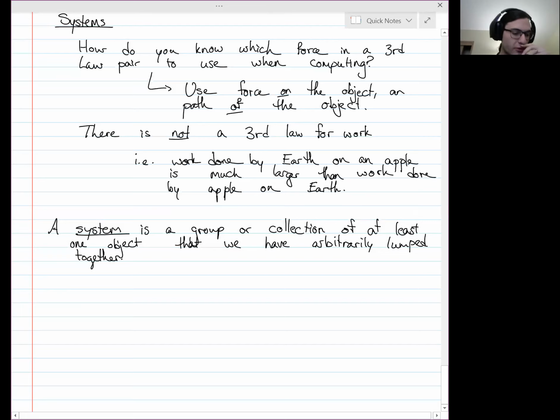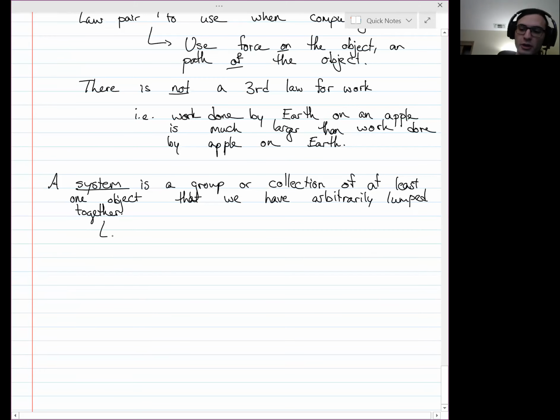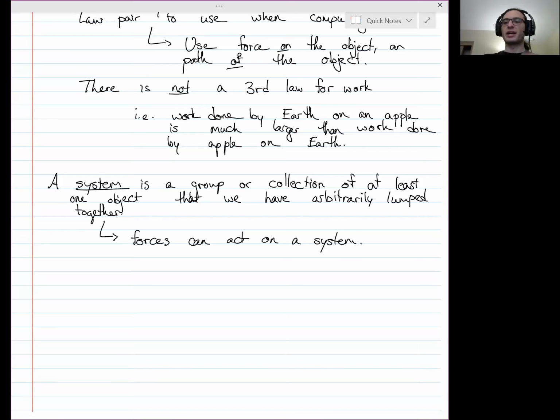And so for a system, something can either be inside or outside of a system, right? And further, forces can act on a system. So a better example of a system would be me together with all of the air in my lungs, all of the organs inside my body, all of the skin and blood and all that stuff.